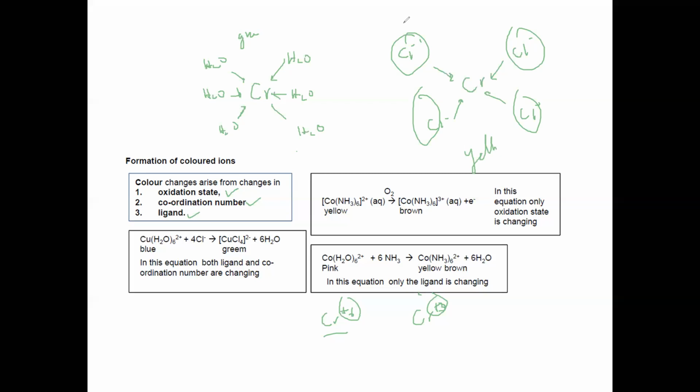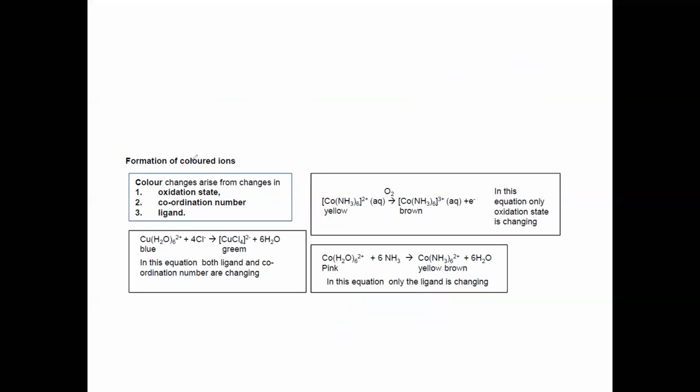So different ligands lead to different formation of color or change in color. So the color change in the formation of a colored ion arises from a change in oxidation number, the coordination number, or the change in ligands.